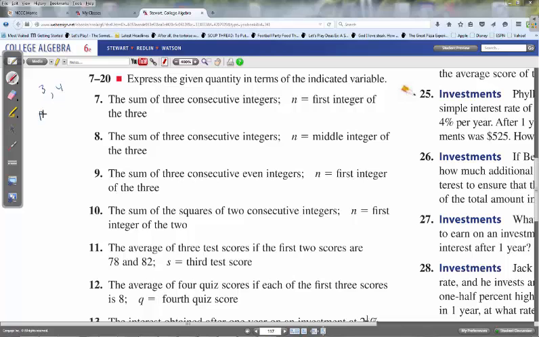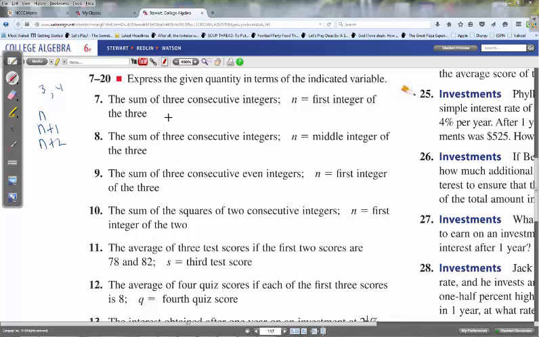So if I have my first number as n, then my second number is n plus 1, and my third number is n plus 2. I can't use separate variables for each number because n was the only variable they'll let me use. And I don't really need to because I can express the other numbers in terms of n.